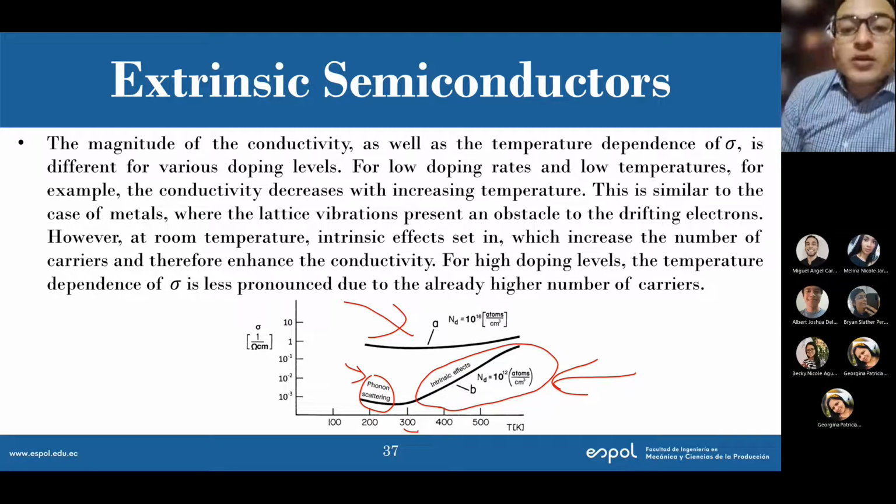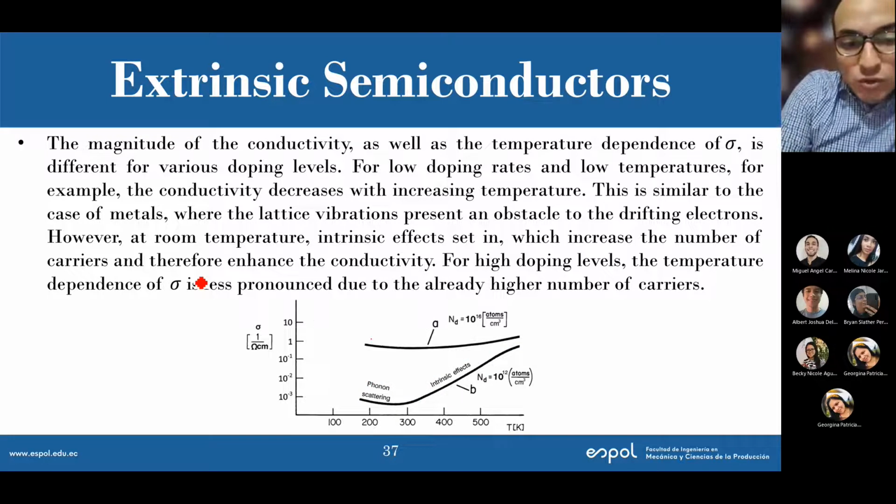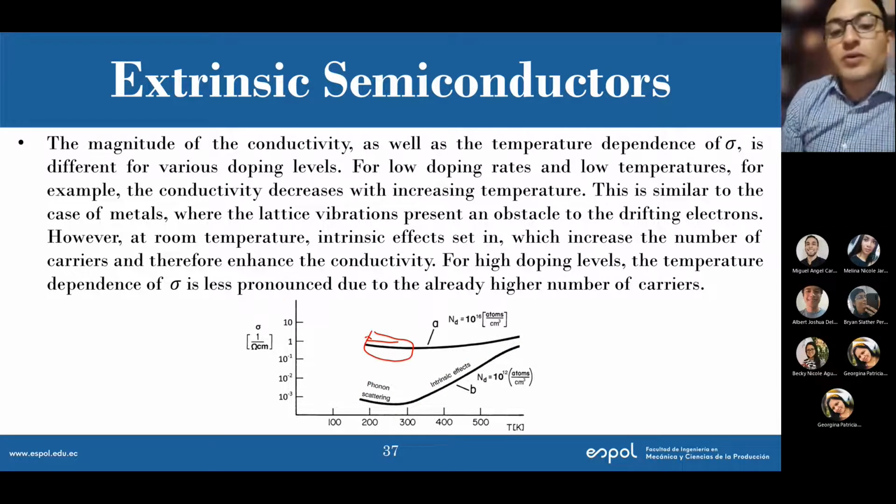Whereas for high doping rates, because you have so many electrons or holes that you introduce, you don't really see a significant decay. Even if there is a lot of scattering, you also have a lot of electrons or holes that are moving.